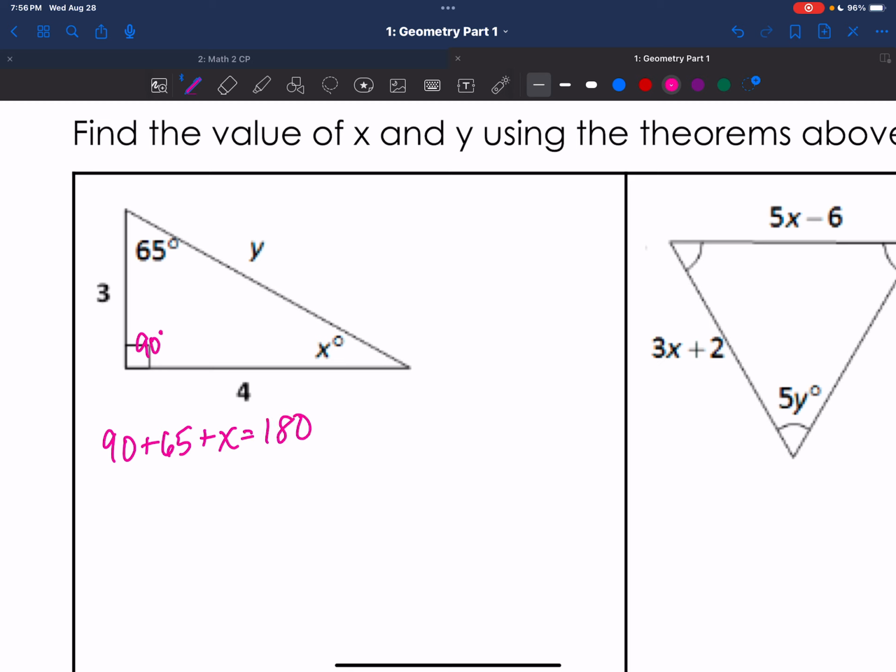And then you're going to get 155 plus x equals 180. Subtract that. X equals 25. So now that we know this is 25 degrees, now we can start figuring out the sides.